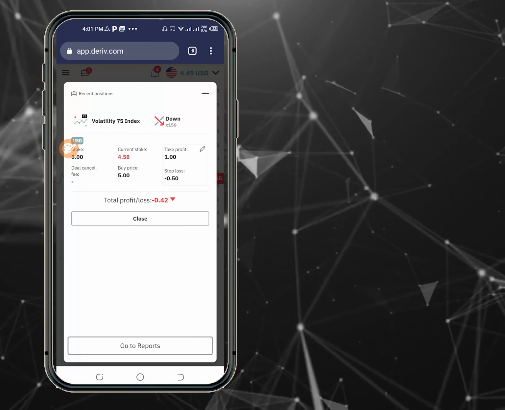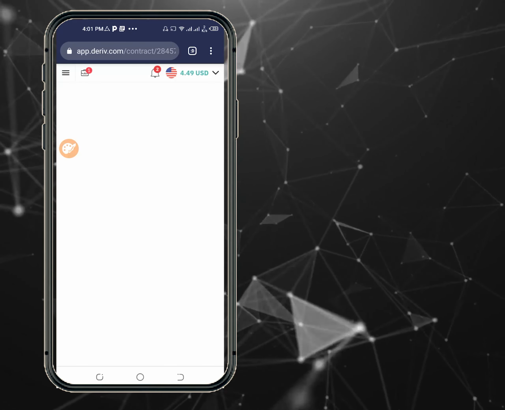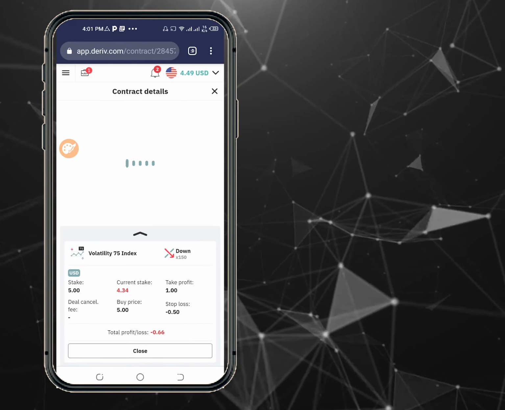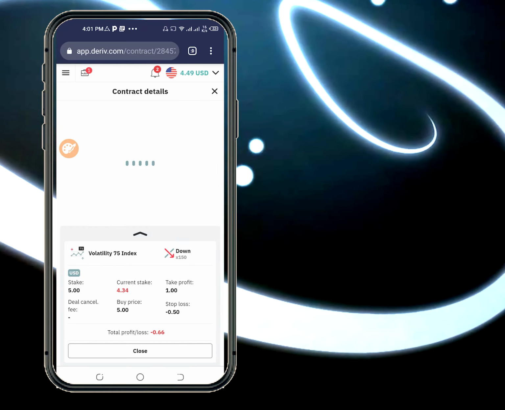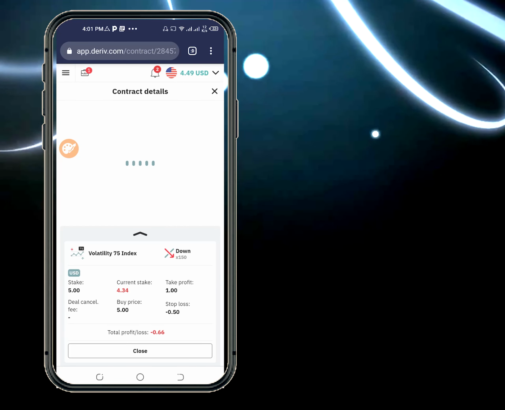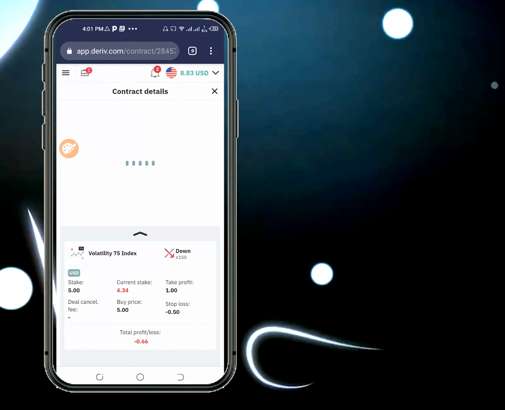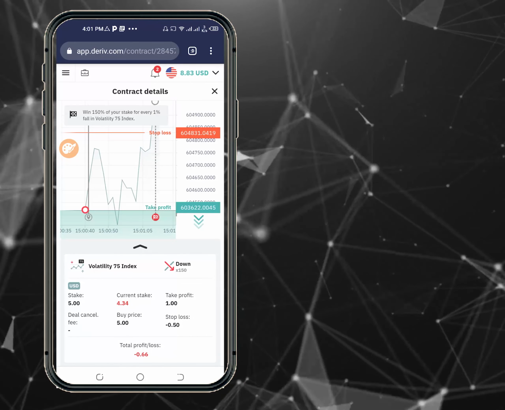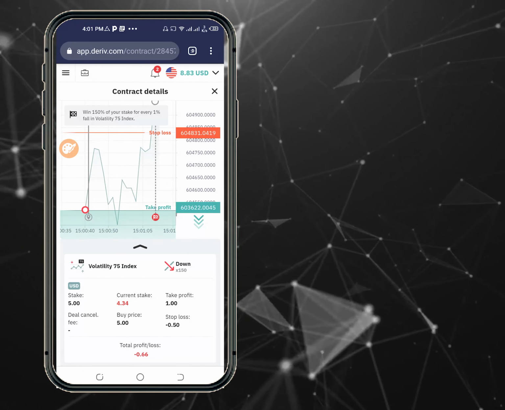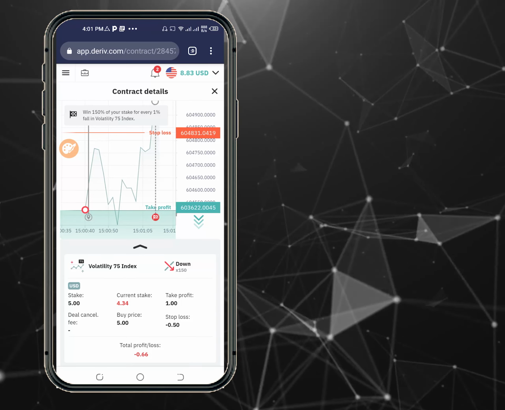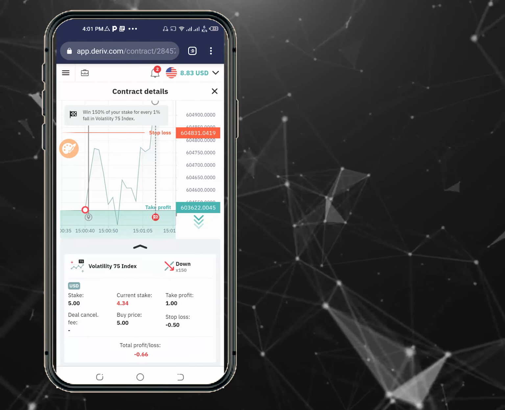So let's see the graph. Okay, so I actually lost that trade.